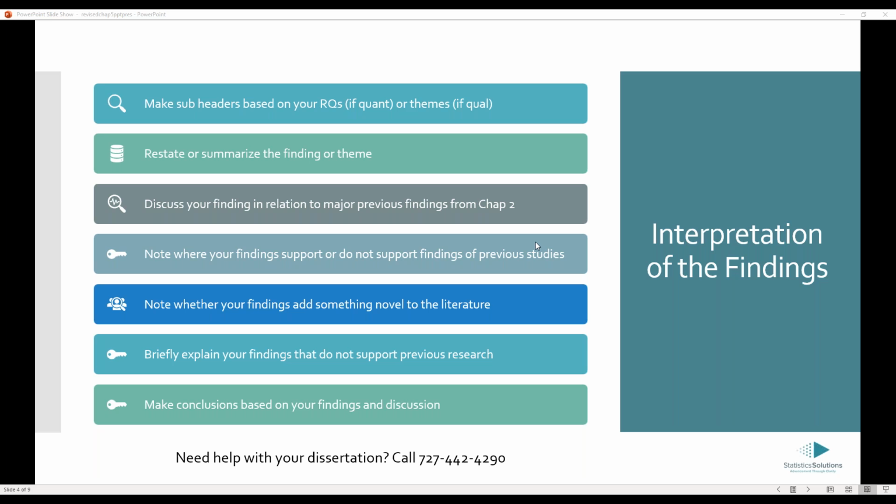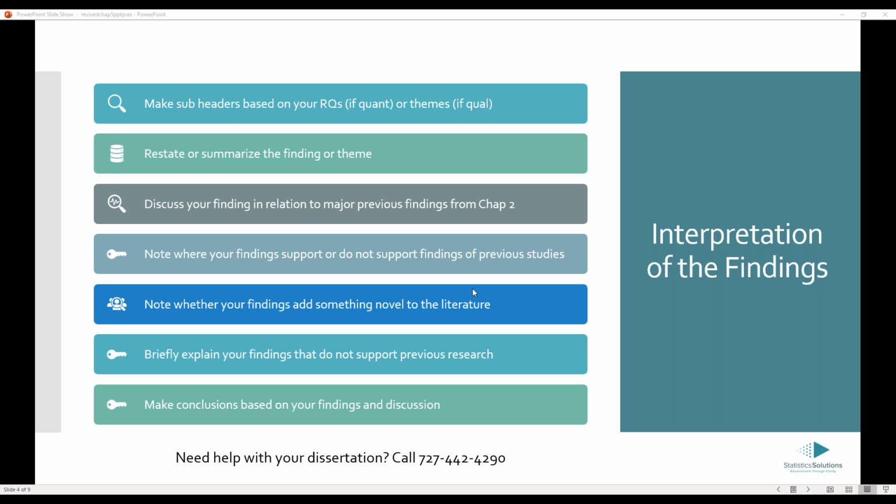Again, for findings that are different, offer an explanation. Also, if you found anything new or anything novel in your findings, you definitely want to mention that. And that will serve as a good basis later for recommendations for further research, but we'll get there in a minute.